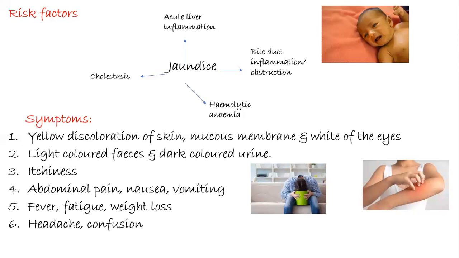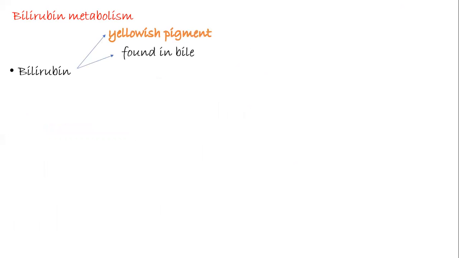Now let's take a look at bilirubin metabolism. Bilirubin is a yellowish pigment and it is found in the bile. Bilirubin is a breakdown product of hemoglobin. Whenever your RBC's lifespan of 90 to 120 days is over, the RBC undergoes senescence, that is apoptosis.